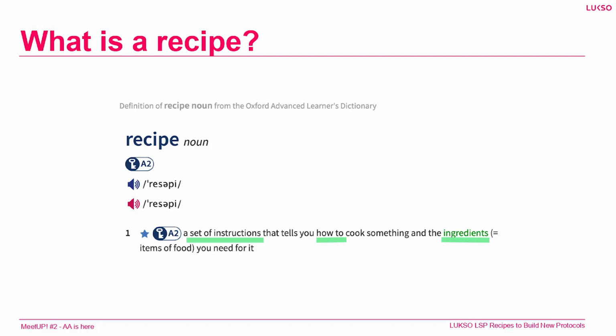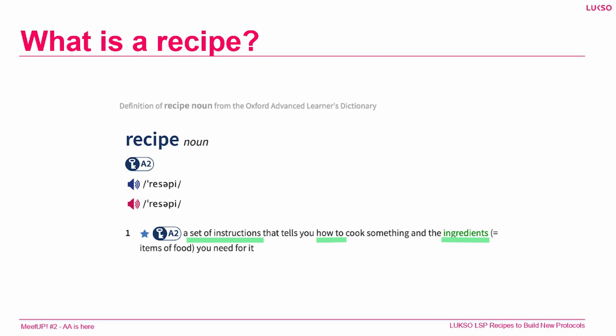A recipe, if you look at the formal definition in the dictionary, is a set of instructions on how to cook something, and you use ingredients. So basically, we can think of it as we start with basic elements, and we use a step-by-step process to arrive at an end goal, a dish.